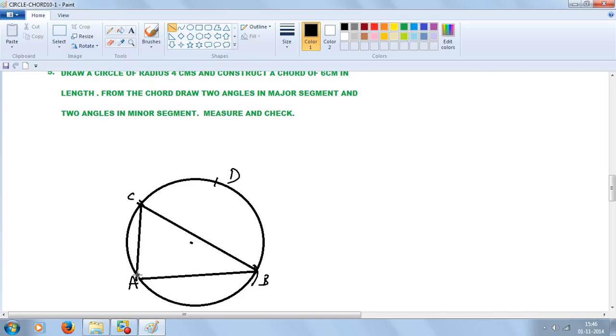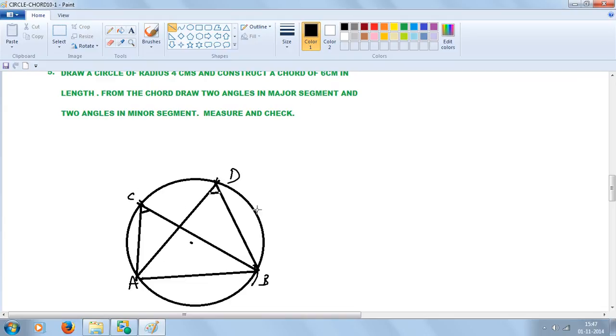Similarly, you join AD and BD. Now you check these two angles. So what it says: draw a circle of radius 4 centimeters, construct a chord of 6 centimeters in length. From the chord, draw two angles in major. Simply draw something, and two angles in minor.